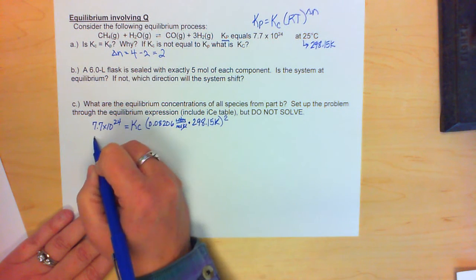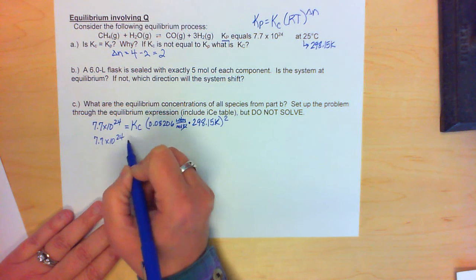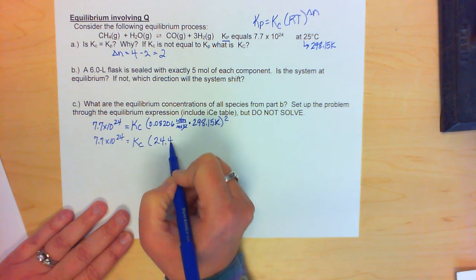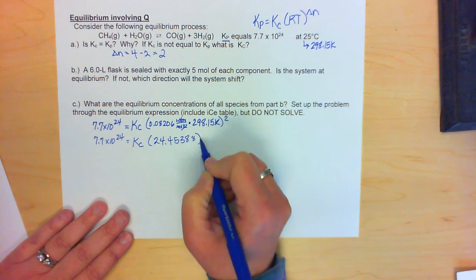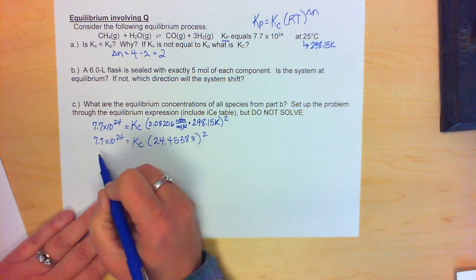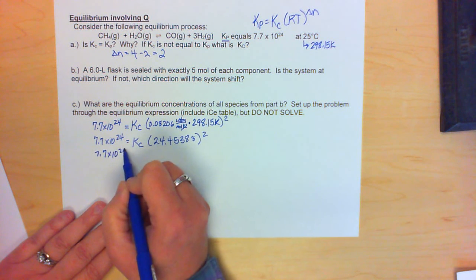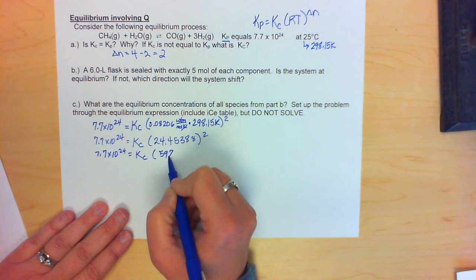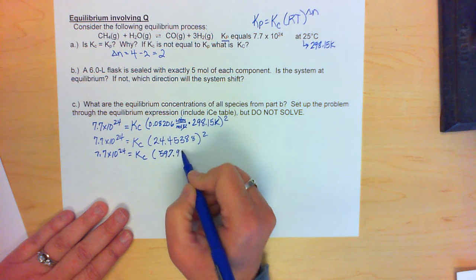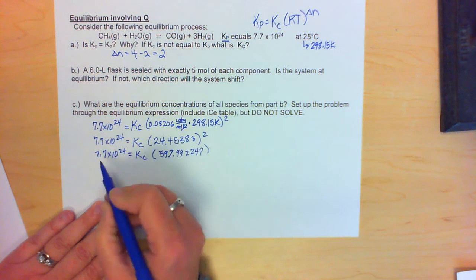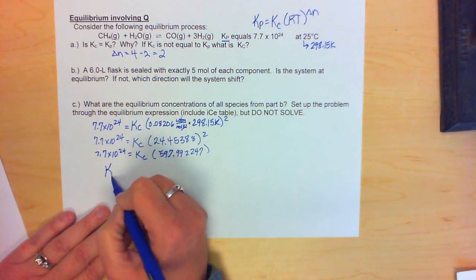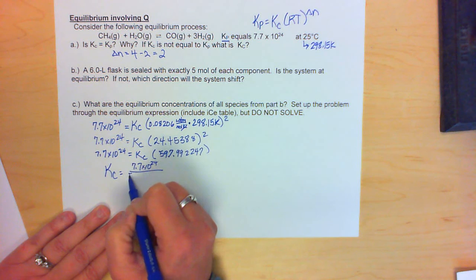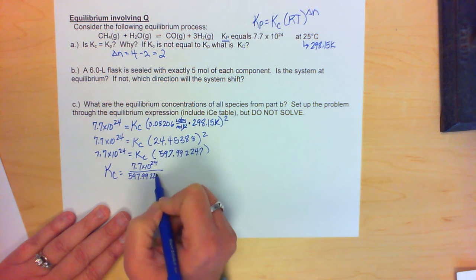So we have 7.7 times 10 to the 24th is equal to Kc times 24.45388 squared, which is 597.9. So we solve for Kc, which is 7.7 times 10 to the 24th divided by 597.9.